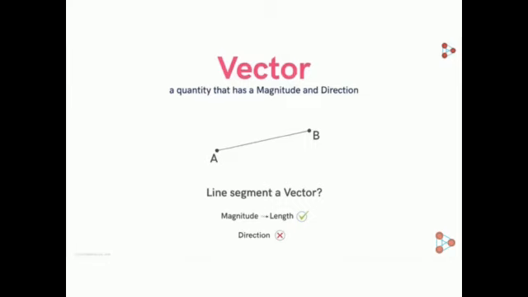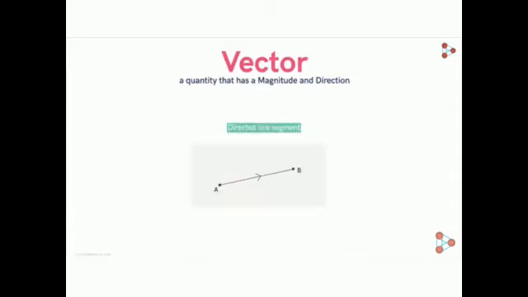It does not show the direction between these 2 points, that is, whether the line is drawn from A to B or from B to A. Now if we put a small arrow between these 2 points, this line segment will be known as a directed line segment. Now this shows that the line is drawn from point A towards point B.